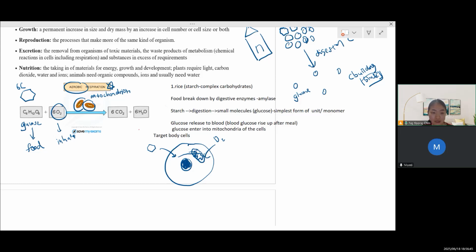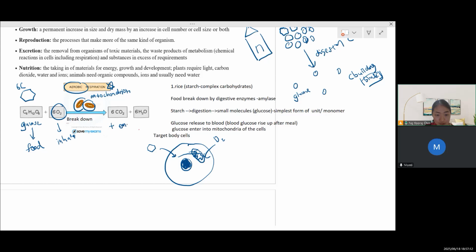So this is how the glucose, in the presence of oxygen together with the mitochondria, will be broken down. After the glucose is broken down, the glucose contains energy, so the energy will be released from the glucose.